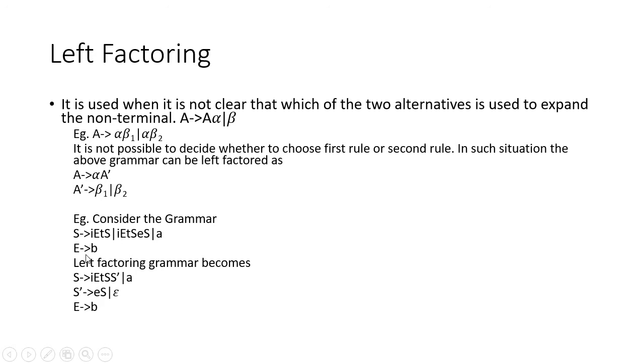Let's consider an example. S derives i E t S, or i E t S e S, or a. This is an if-then-else statement. Then this grammar can be broken up because you can see i E t S is the same in both cases.